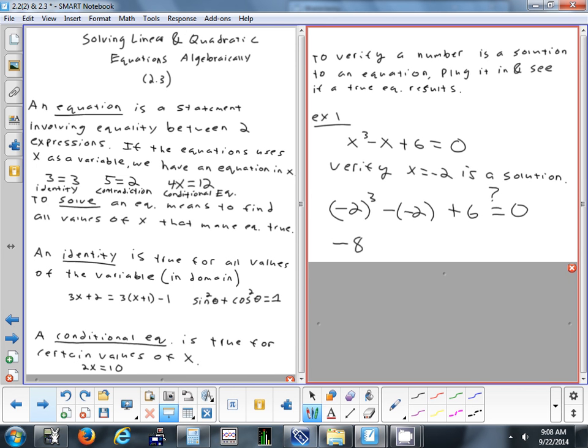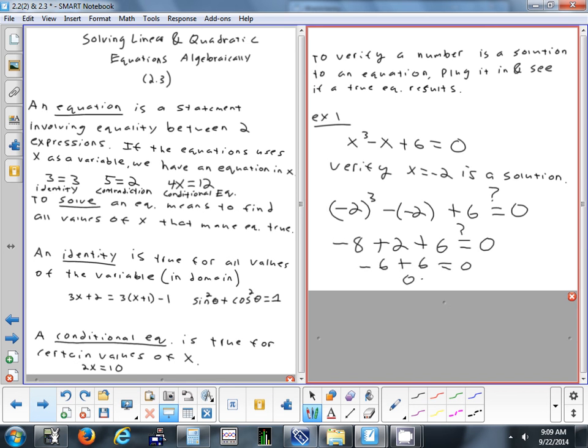Okay, and Tahina, what's going to happen with the minus negative 2? It's going to add 2. Going to add 2. We have a plus 6. Negative 8 plus 2, that's negative 6 plus 6. We get 0 equals 0. So that's correct. That means negative 2 is a solution.